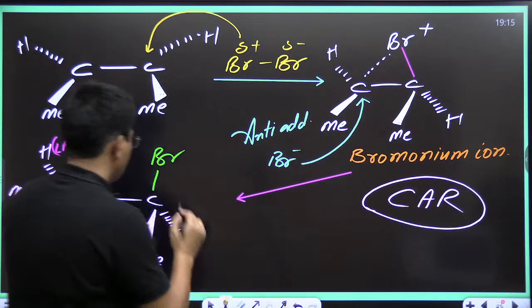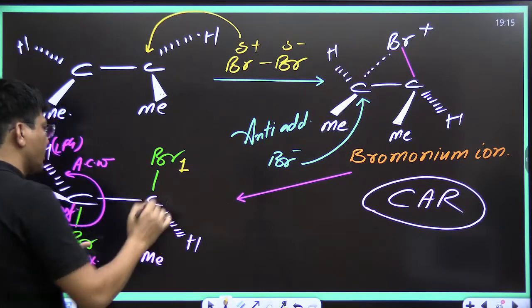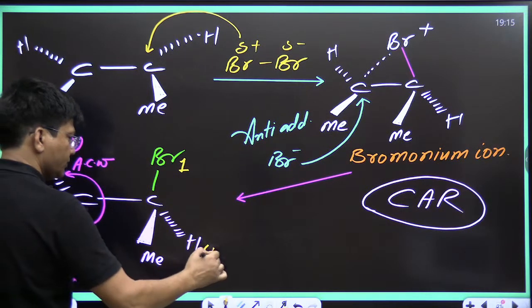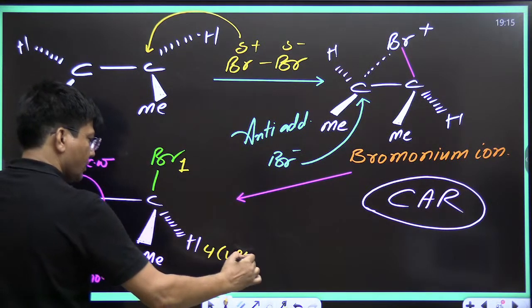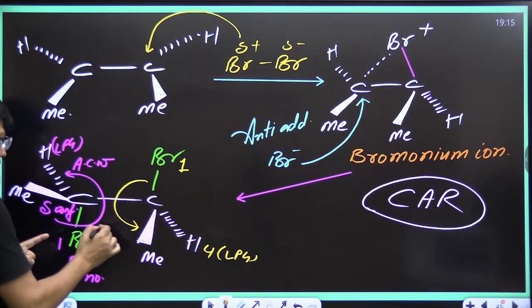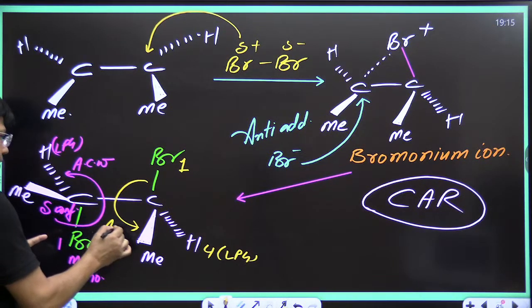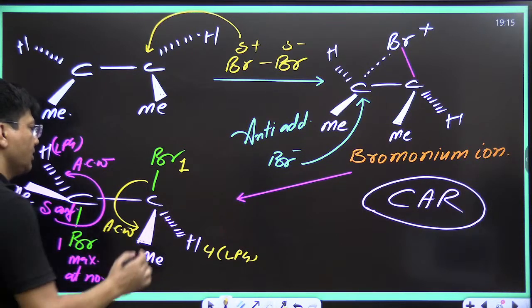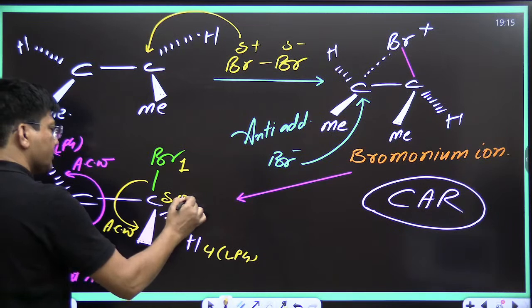Now let's see. Number 1 should be given to this carbon. Number 2 should be given to this carbon. Number 4 is LPG. And the arrow is going in which direction? Anti-clockwise direction, and hydrogen is away, that is on the dash line. So this is also S configuration.